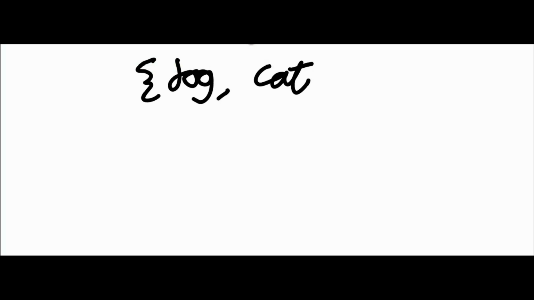A set is just a collection of objects, and we usually write a set with curly brackets. So, for example, we might have the set here, which contains the word dog and the word cat, and we denote the beginning and the end of the set with these curly brackets.